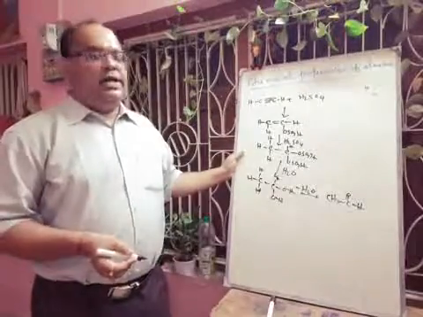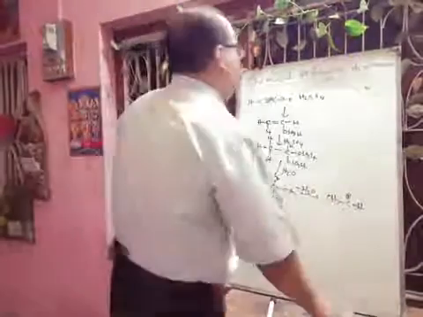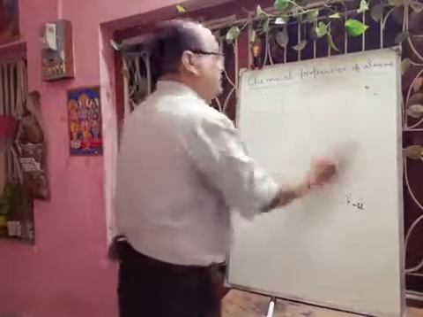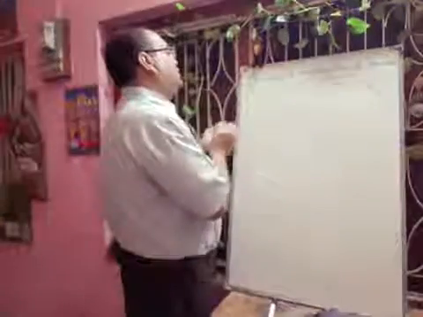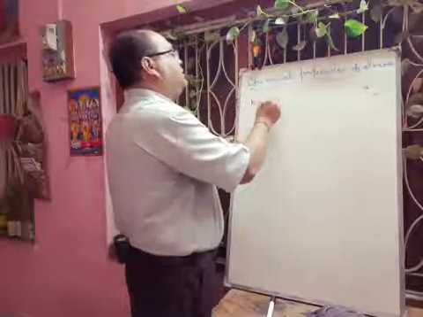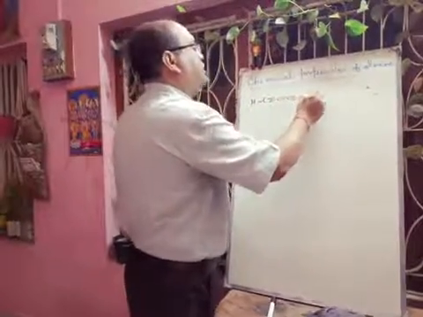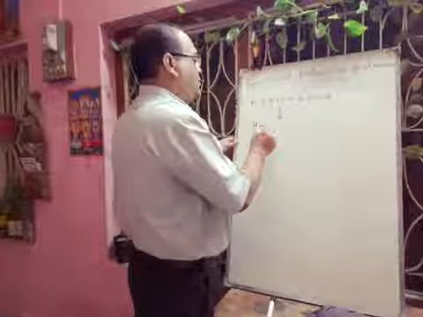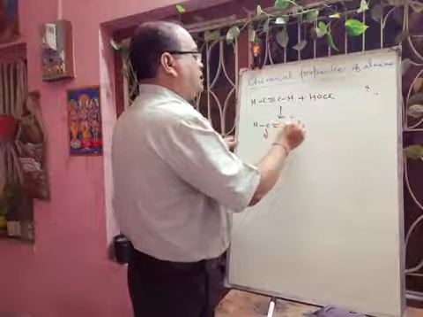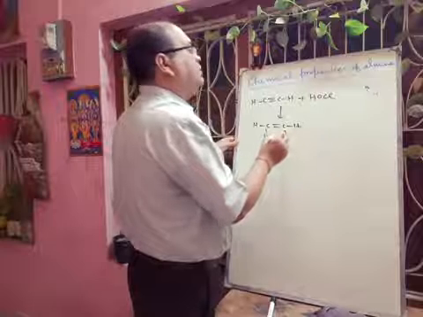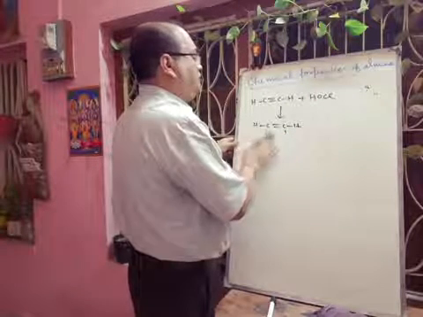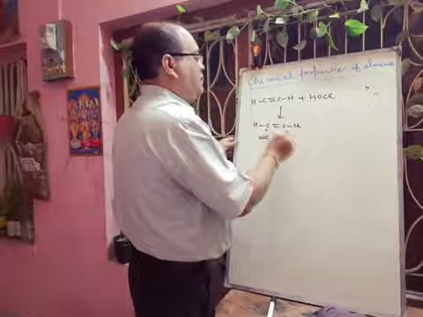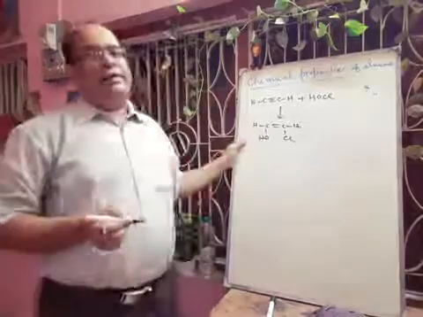Okay. Next, in the similar way, there will be addition of hypohalous acid. HC triple bond CH plus addition of HOCl. So on one side there will be addition of OH, and on another side there will be addition of Cl. Okay.